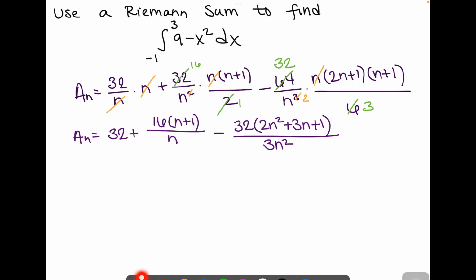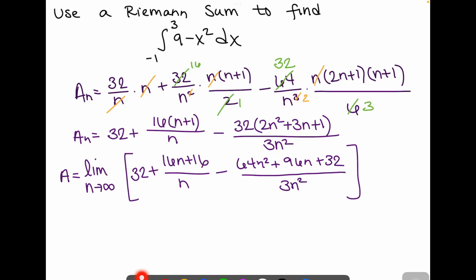So canceling that out, I get 64 times (2n squared plus 3n plus 1) over 3n squared. Then I distributed, so I got rid of parentheses. So 32 plus (16n plus 16) over n minus (64n squared plus 96n plus 32) over 3n squared.